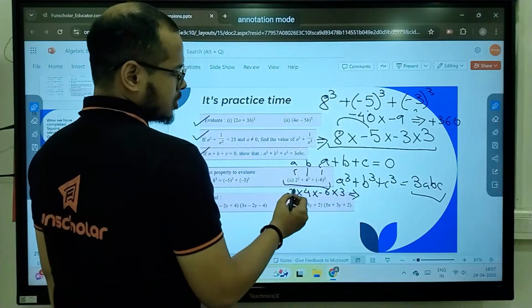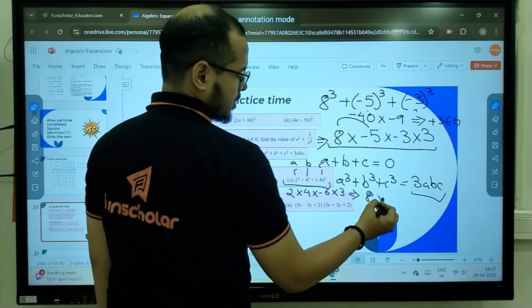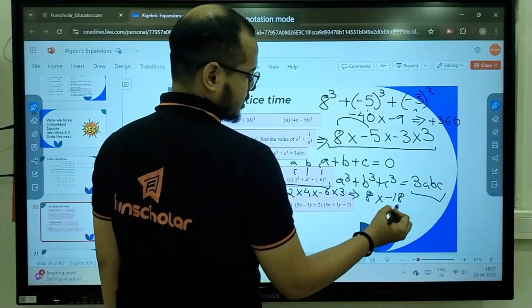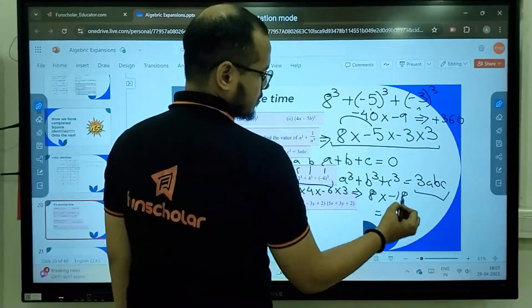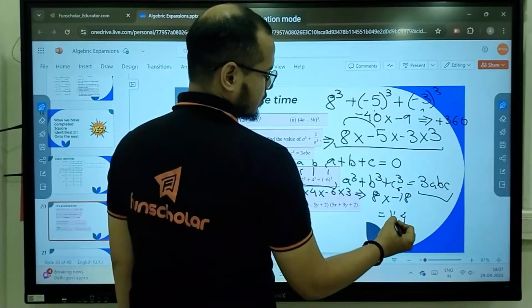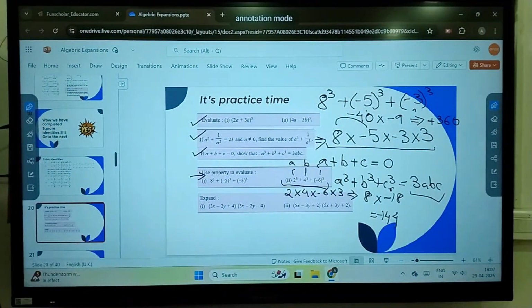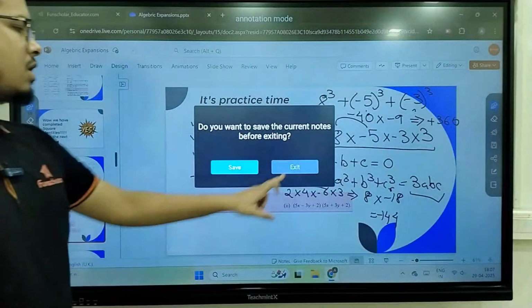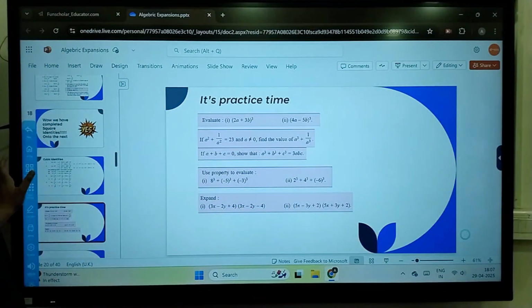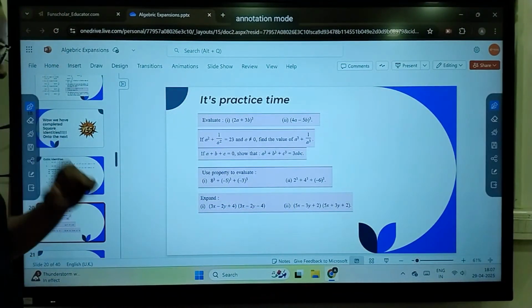So it will give us 2 into 4 is 8 into minus 18, which will give us 144, but with a minus sign. Okay, that is it.